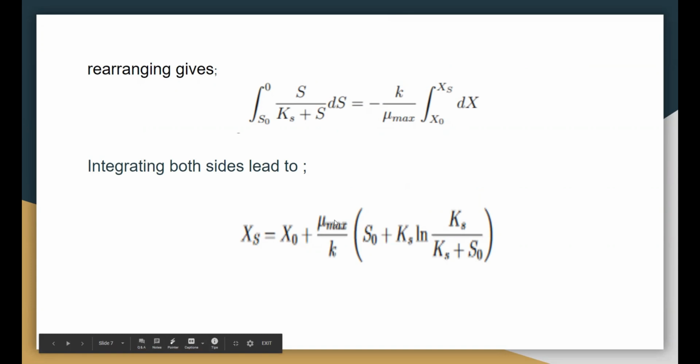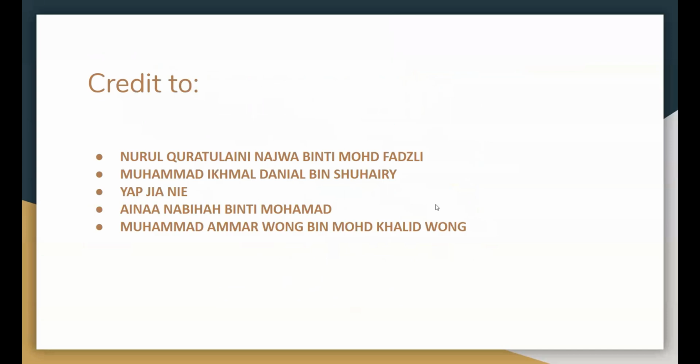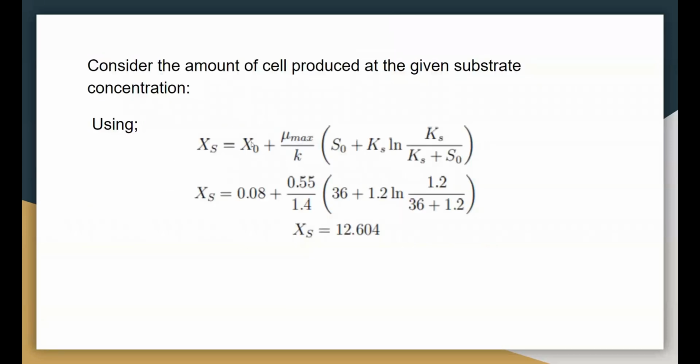And the values are given by the question: x0 is the initial cell concentration, which is 0.08, mu max is the maximum specific growth rate of the cell, which is 0.55, and this one is the mass of substrate over cell, which is 1.4. This one is the initial substrate concentration, 36, and Ks is the Monod constant.